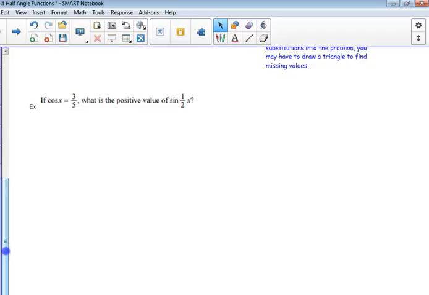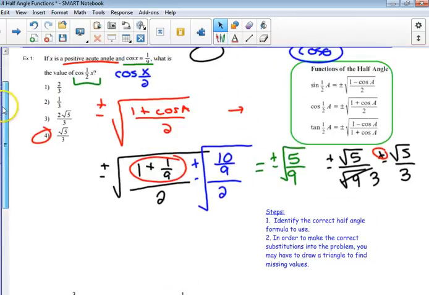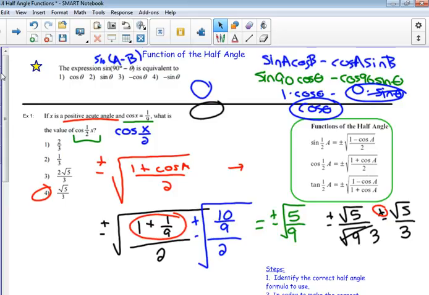All right, so let's try this next one. We have sine 1/2 x again. So let's look at our formula here. Sine 1/2, okay, so we should be using this part right here. Just make sure you copy it down correctly. They all look kind of similar, so be careful.